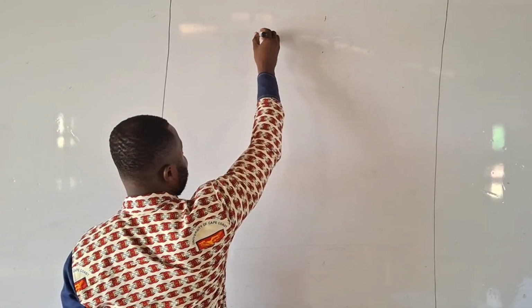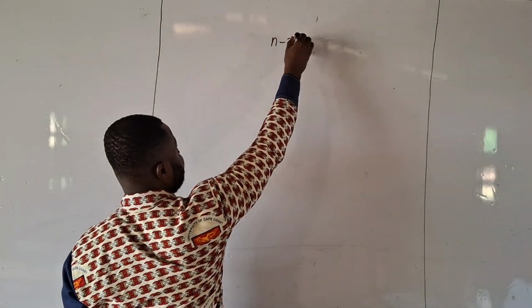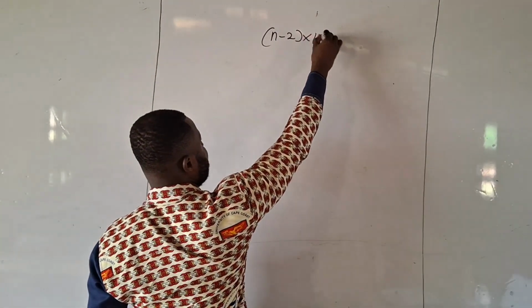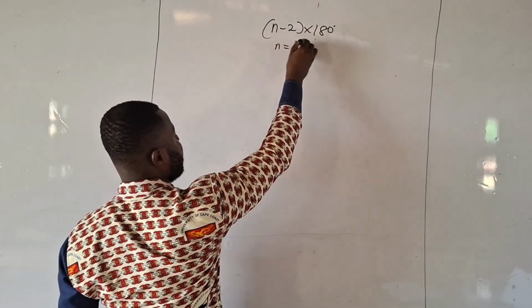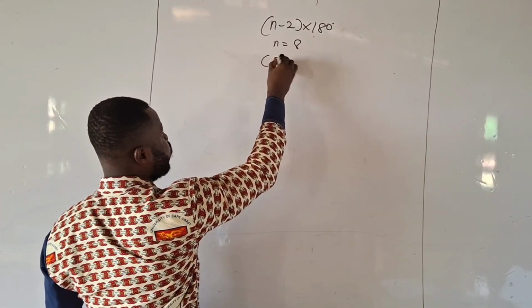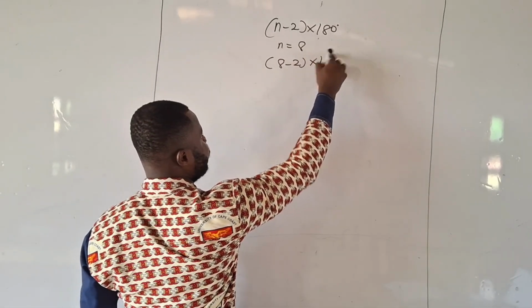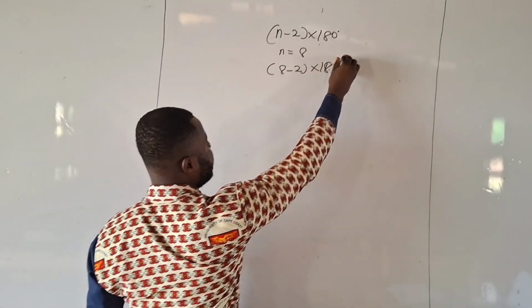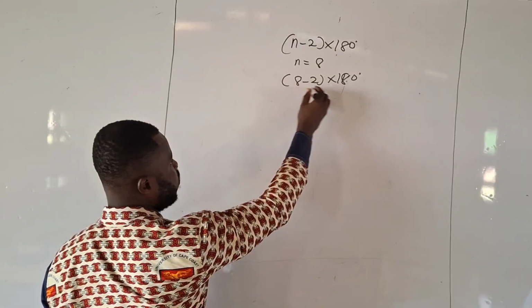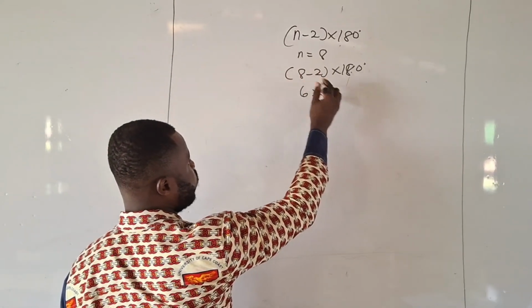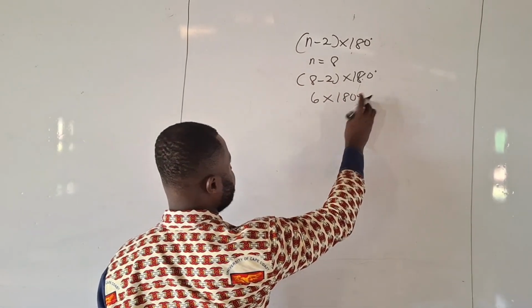So as the formula implies, n minus 2 times 180. Here n is equal to 8. So we have 8 minus 2 times 180 degrees. So 8 minus 2 gives us 6 times 180 degrees.